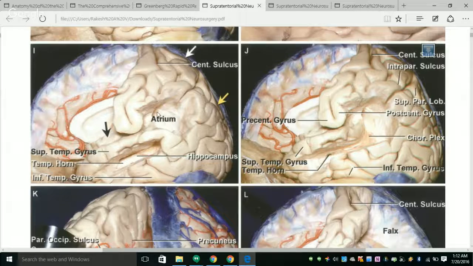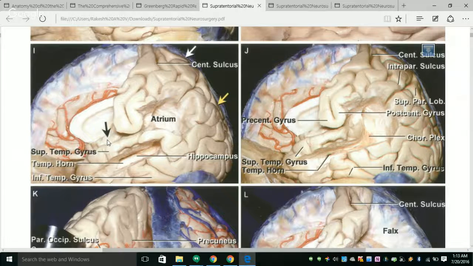Just a second. Okay, so it says the hippocampus sits in the floor of the temporal horn. The atrium is deep to the supramarginal gyrus. Now the black arrow is on the foramen of Monro.